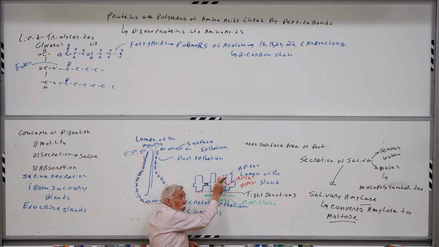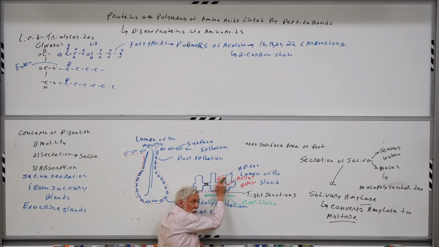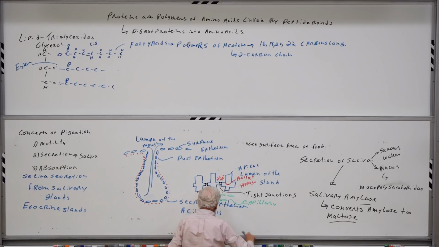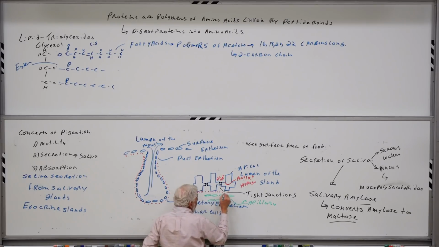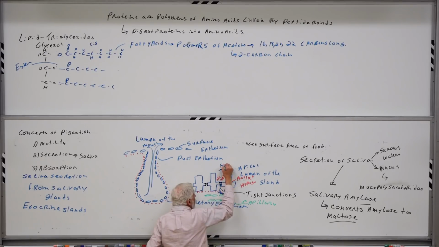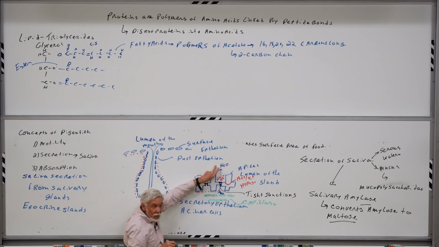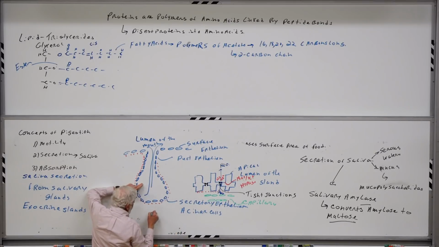Just as we saw before, now we're going to have an osmotic gradient. And water is going to move from the extracellular environment between the cells and come out here into the lumen of the gland. So water is going to be coming this way.